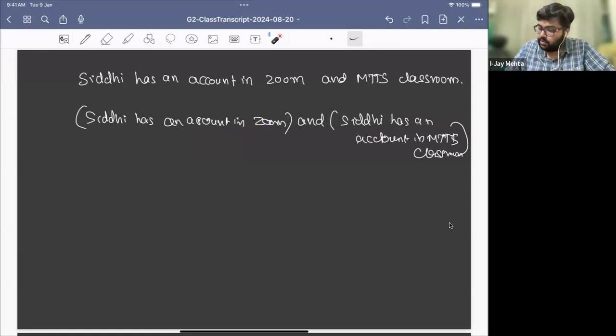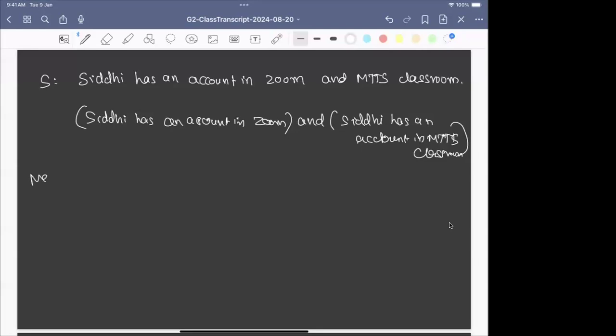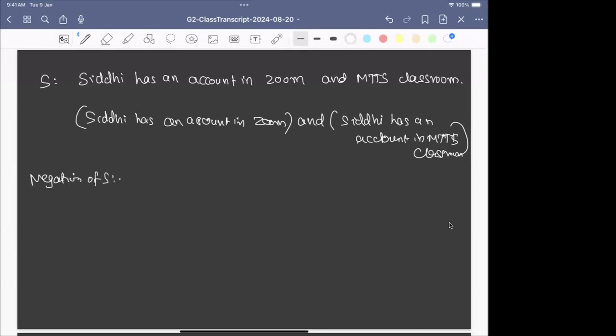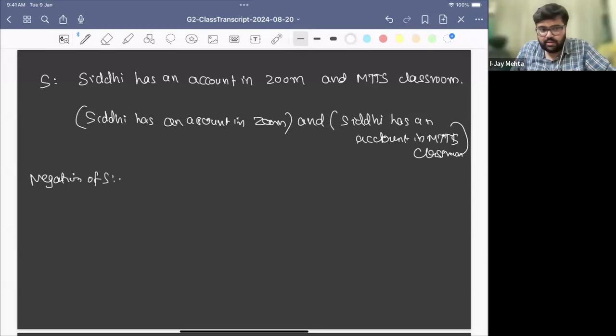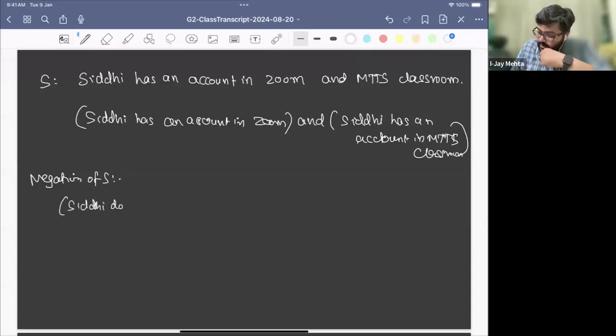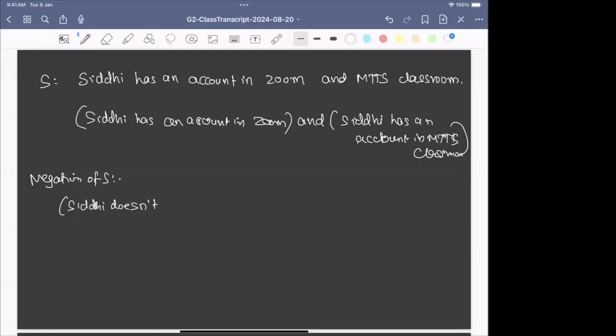So when is the statement false? What is the negation? When one of them is not. Yes, when one of them. So how do I say? Tanya, how do I say it? Siddhi doesn't have an account either on Zoom or MTTS.